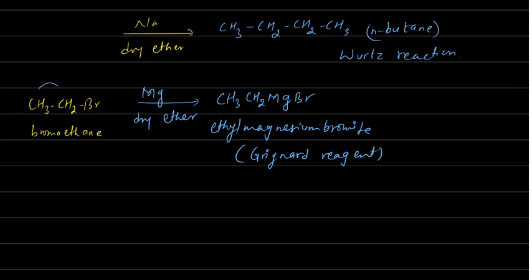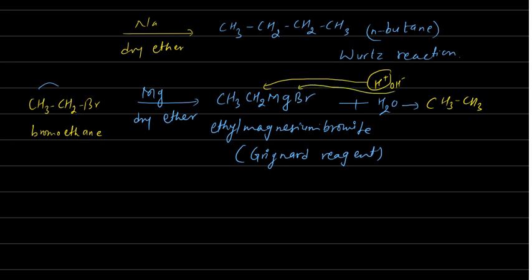When this Grignard reagent reacts with water, the product formed is an alkane, CH3CH3. Here in water there is an H plus and OH minus. So H plus goes to this carbon and OH minus bonds with Mg.